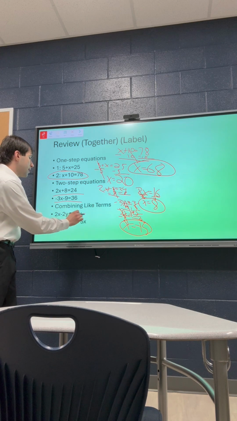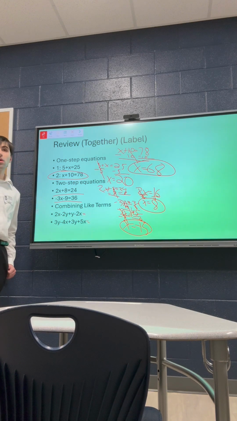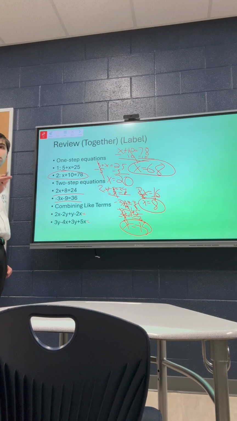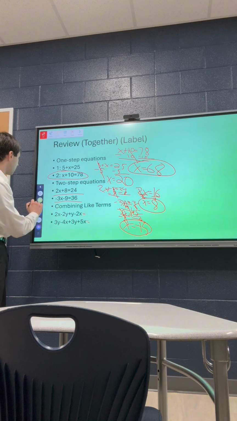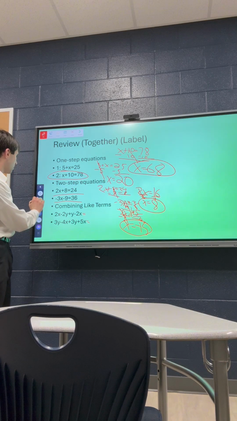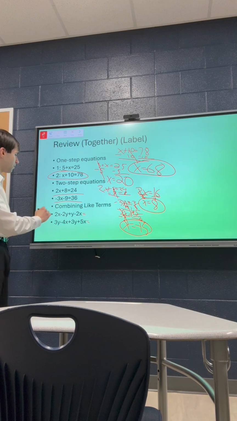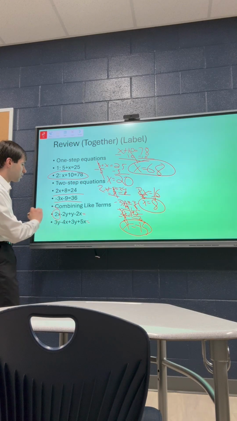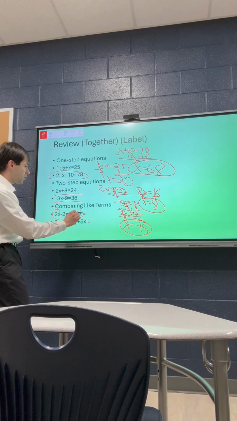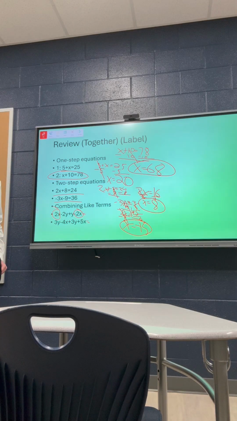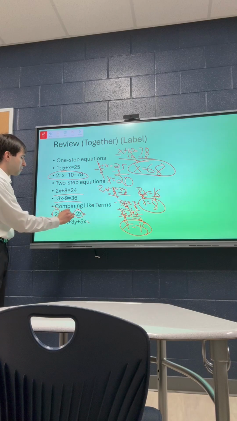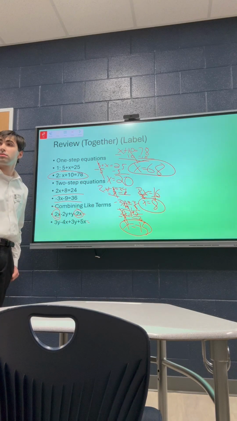For the like terms, what would we combine first? What's the word called? X. Yeah, so we have 2x and 2x. What is 2x minus 2x? 0.